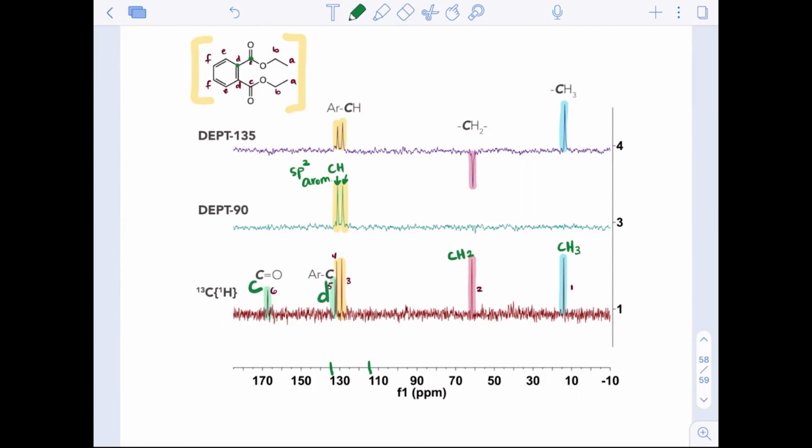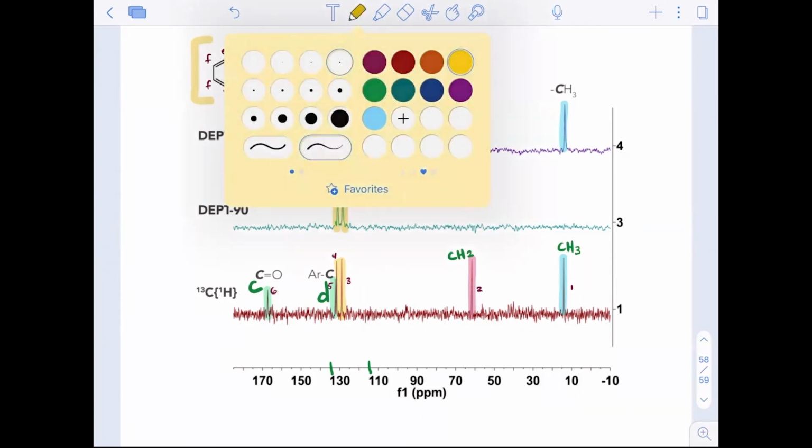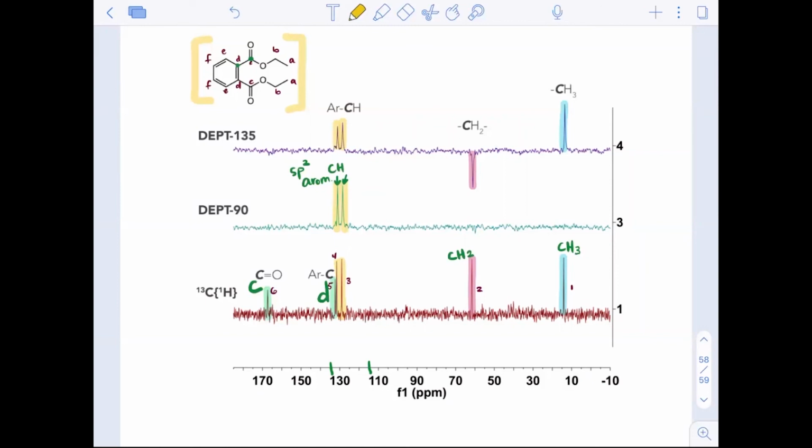Why? Because we know the carbonyl carbon is going to be more deshielded because it's double bonded to an oxygen, and so it should be further downfield, right? Just like we expected. The two aromatic groups, E and F, E is probably the one that's closest to the carbonyl. F is probably the one that is furthest upfield, further away from the carbonyl, right?